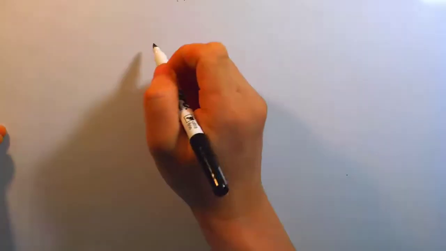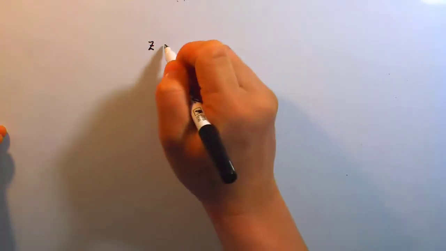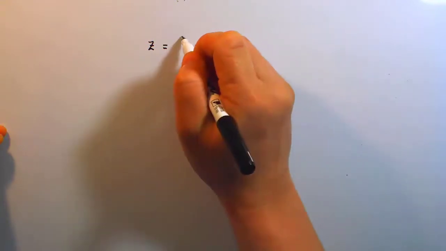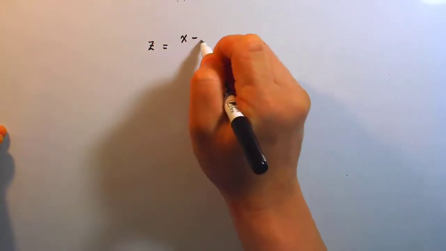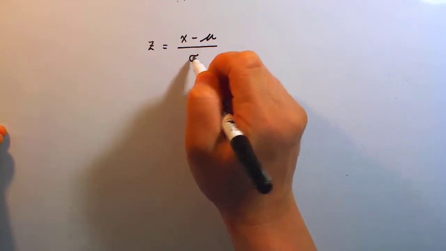So now recall that finding the z score to any data value in a population can be simply done by taking the value and subtract the mean, the population mean, and divide by the standard deviation.